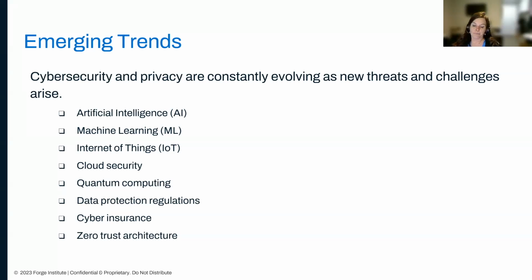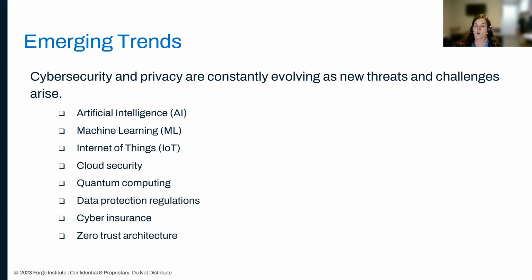Data protection regulations, cyber insurance, which many people either had or are unable to get, or have to go through the assessment of their environment to be able to maintain or get cyber insurance. And then building a zero trust architecture of the environment.